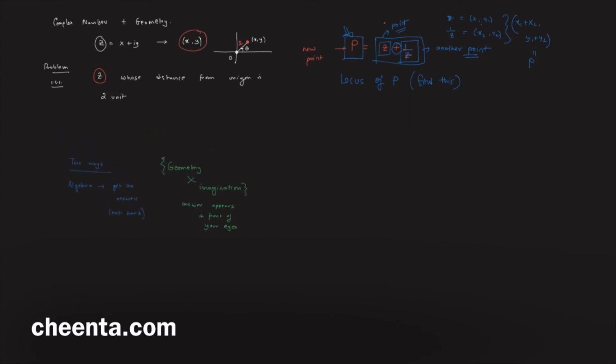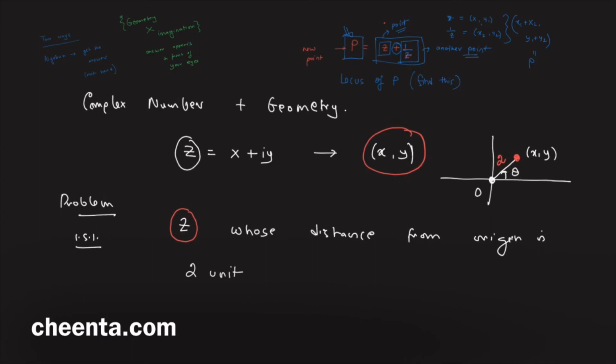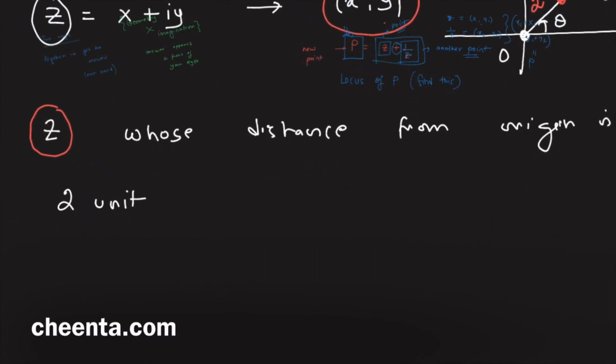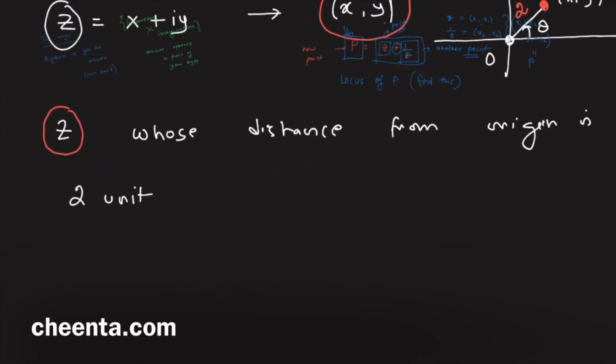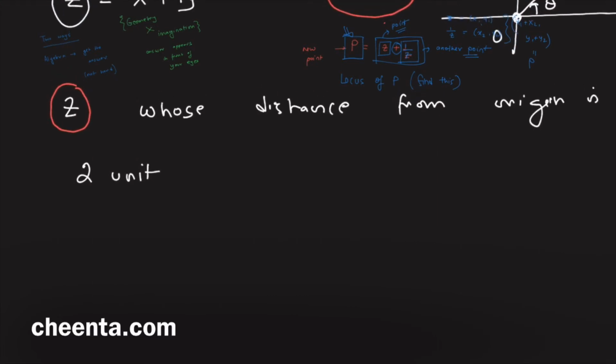But before that, maybe I can make some space here and make some preliminary observation. So what do we know? We know that the distance of z from the origin is 2 unit. What is the algebraic significance of this fact?